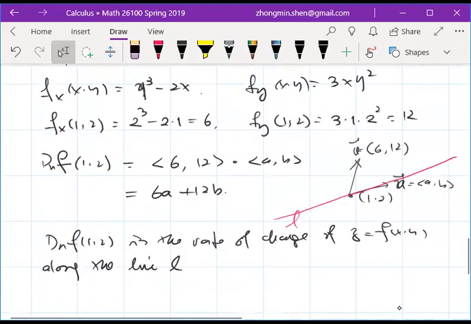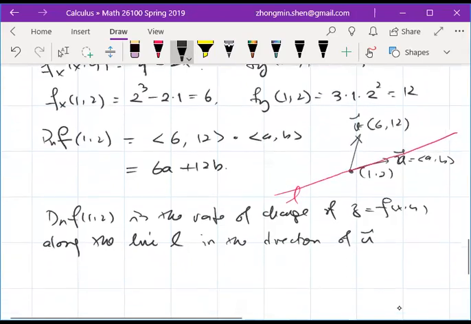So from the definition of the directional derivative, the directional derivative is the rate of change of this quantity along the line in the direction of u. So it depends on the length of u.